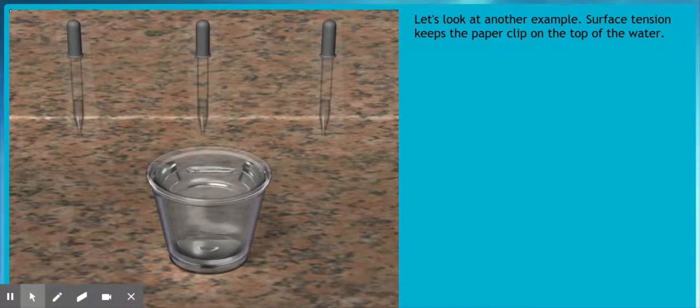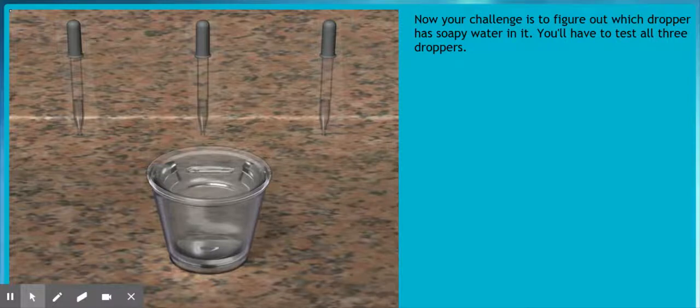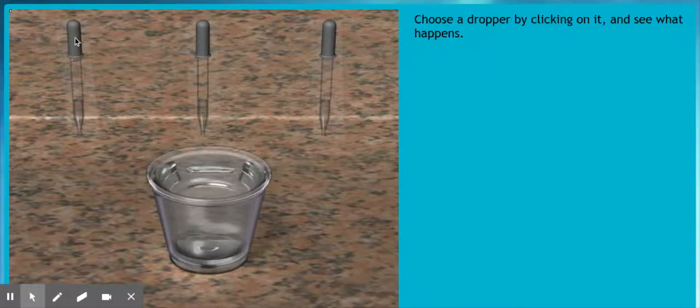Let's look at another example. Surface tension keeps the paper clip on top of the water. Now, your challenge is to figure out which dropper has soapy water in it. You'll have to test all 3 droppers. Choose a dropper by clicking on it and see what happens.